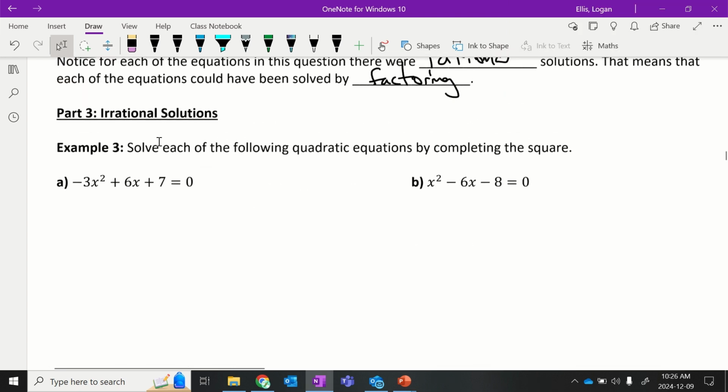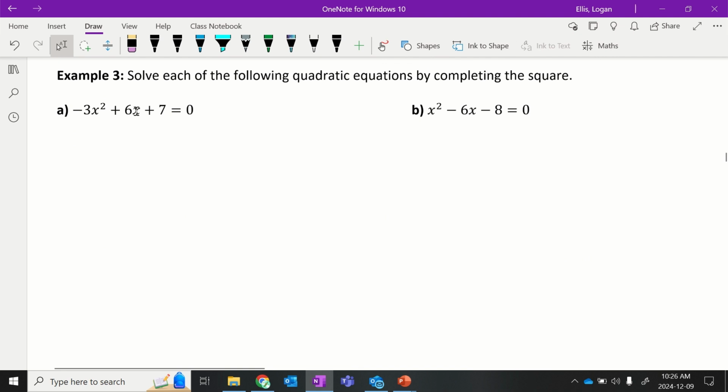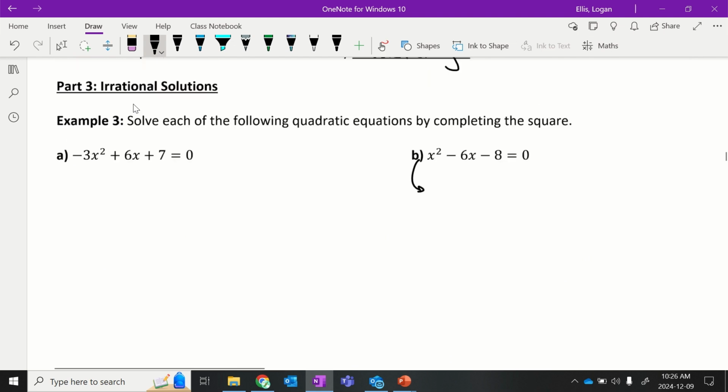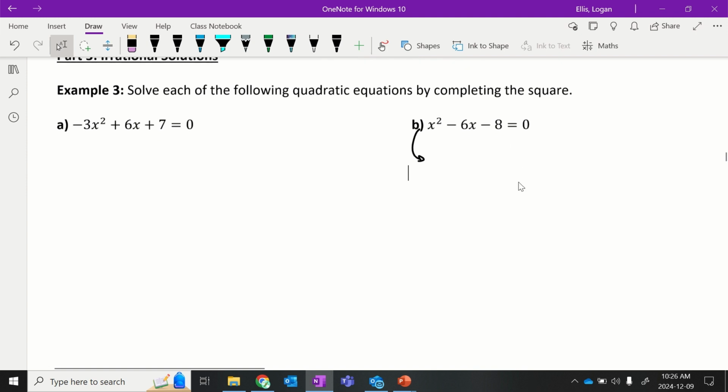So, irrational solutions. When you're looking at ones here, let's do B. What two numbers, if you tried to factor this, multiply to -8 and add to... I feel like this is possible, but let's see. -4 times +2, right?